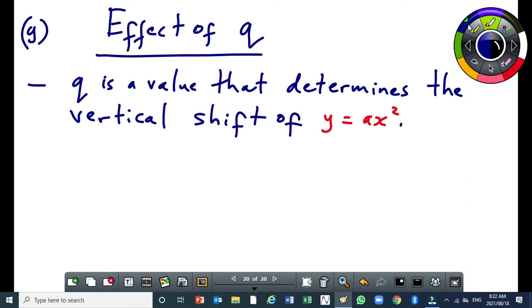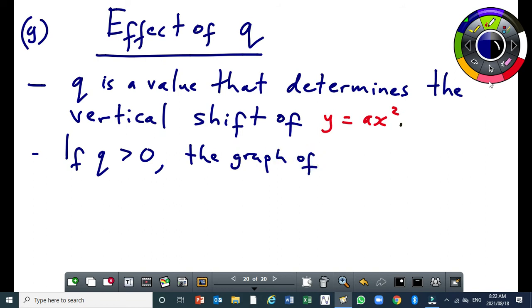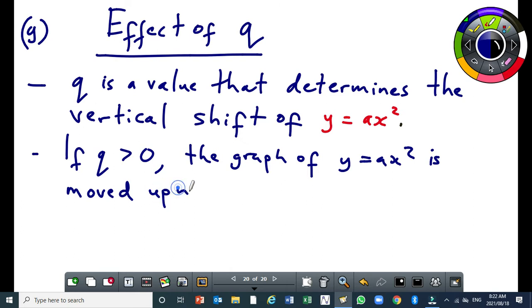Now, if Q is greater than 0, the graph of y equal to ax squared is moved upwards by q units.